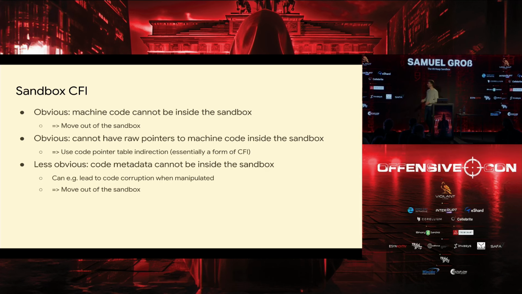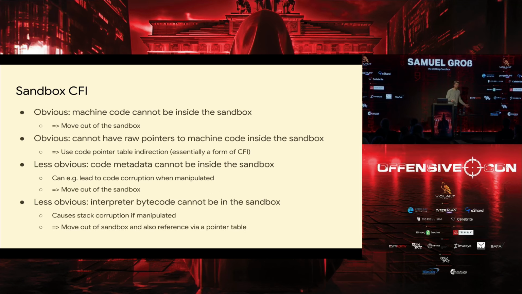A bit less obvious, you have similar problems with bytecode, because if V8's interpreter executes untrusted bytecode, then it can end up corrupting stack memory, and that's also bad because the stack is trusted in this design. Again, move that out.